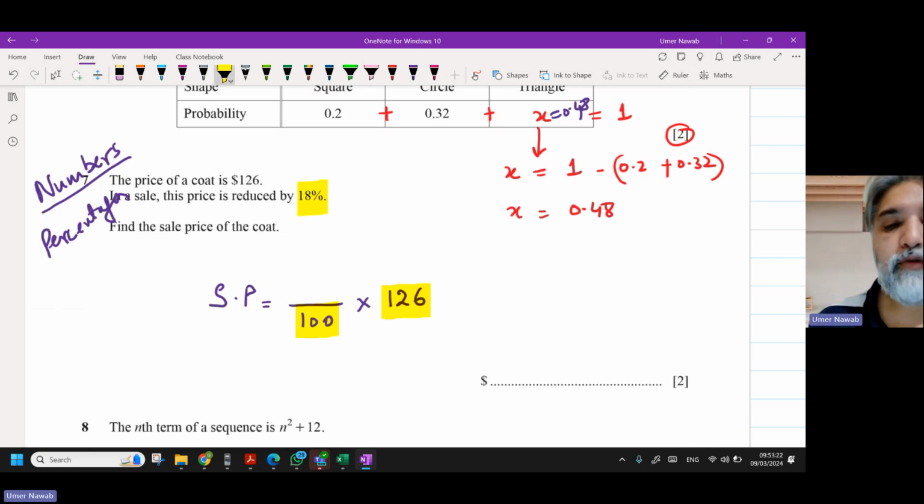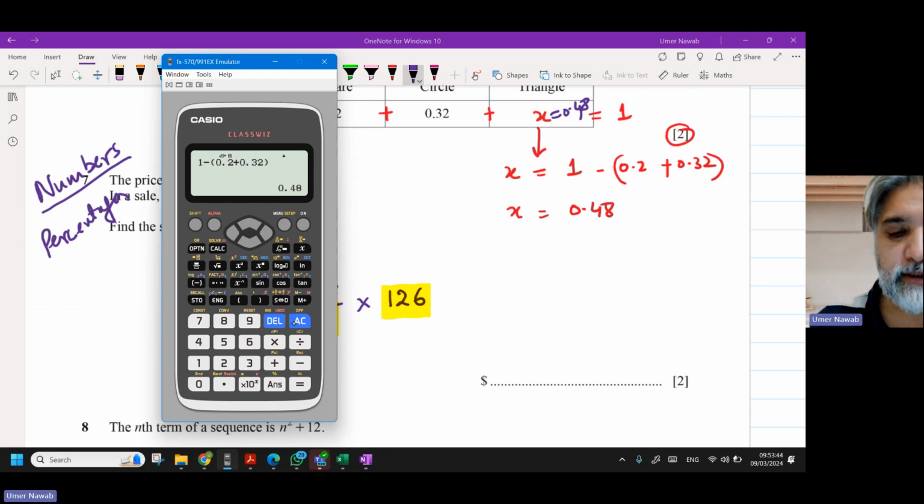Am I willing to find the reduced price or the sale price? So 100 minus 18, that is, reduced by 18. So we need to reduce the 100 by 18.